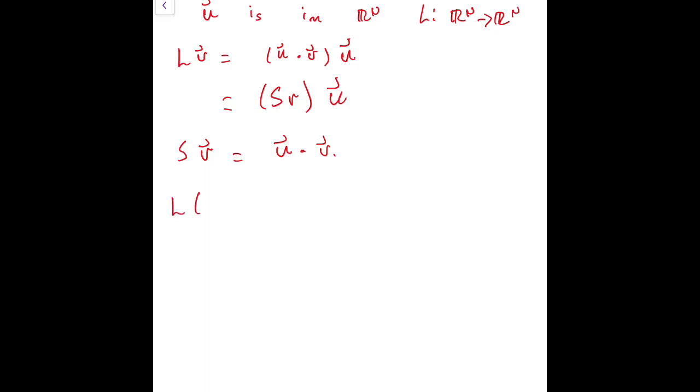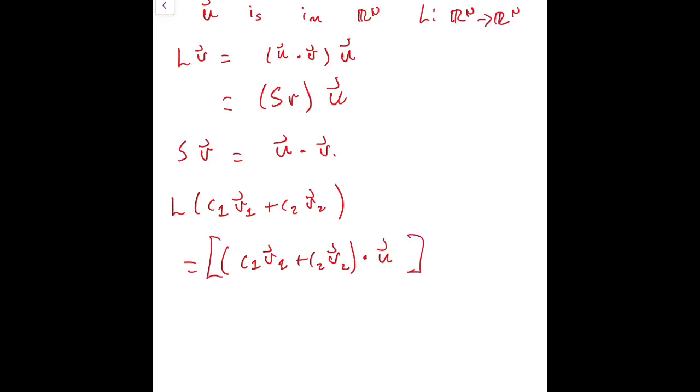Okay, so L applied to C1 V1 plus C2 V2. What is this? Well, this is just going to be equal to C1 V1 plus C2 V2 dotted with U, and now I'll put brackets around this, times the vector U. But what is this inside the brackets?